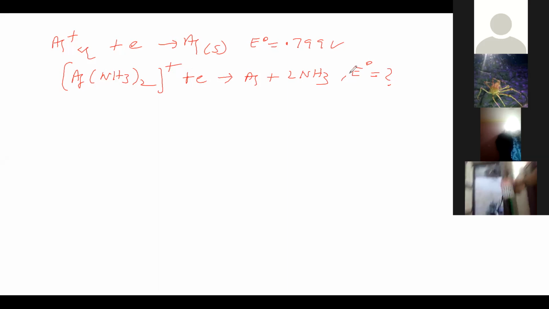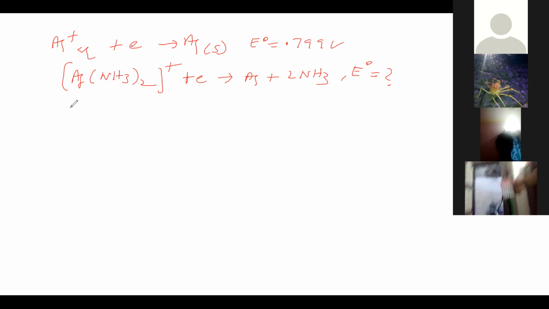To solve this question, what is the given data? One is E naught of this electrode, another is the dissociation constant of this complex. What we have to find is E naught of the complex electrode.